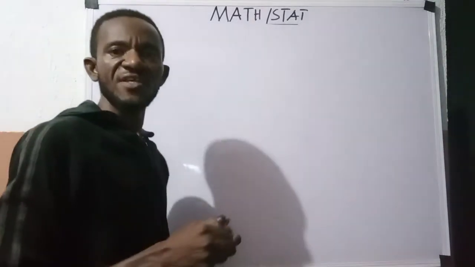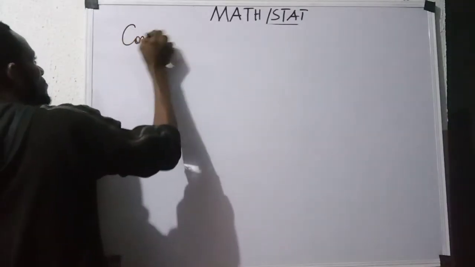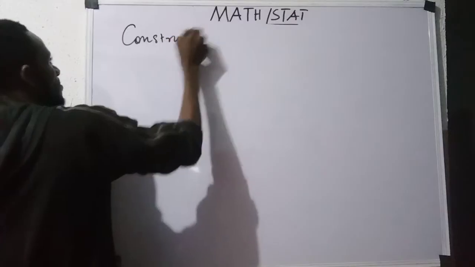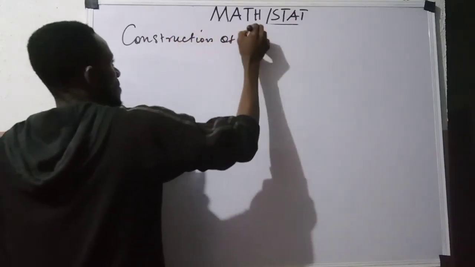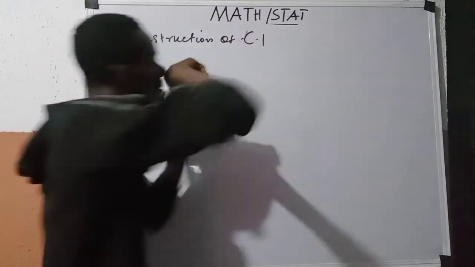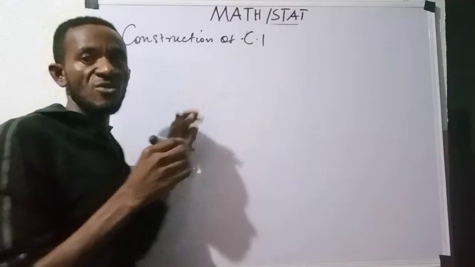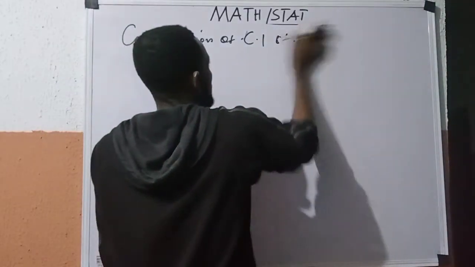So what we have is construction of confidence interval, C.I., for the population mean.